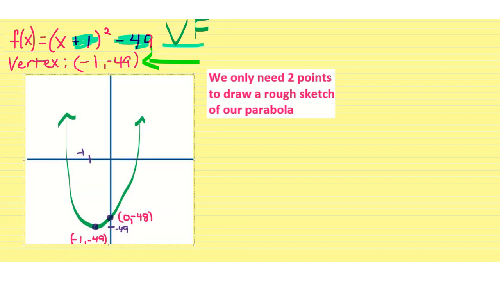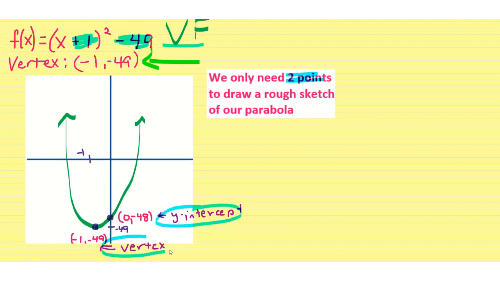If you look at my 2 points that I've already plotted here, this one right here is my y-intercept. And this point right here, that's my vertex. I said that I only needed 2 points, and those 2 points are the y-intercept and the vertex.